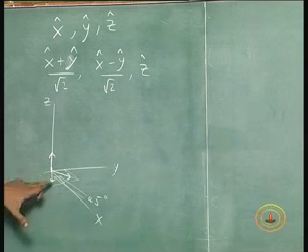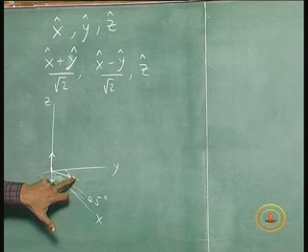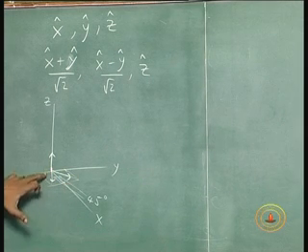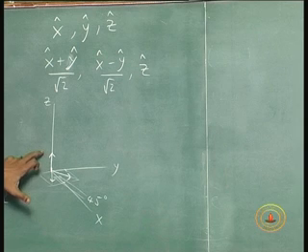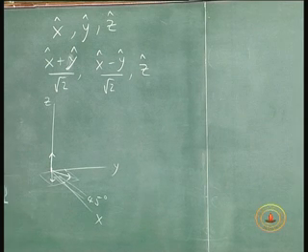So, obviously, this vector dot this vector is 0, and both of these are 90 degrees from the z vector. So, they are all orthogonal to each other.